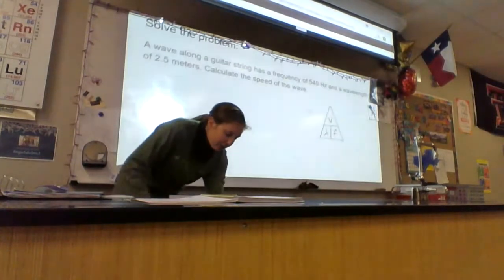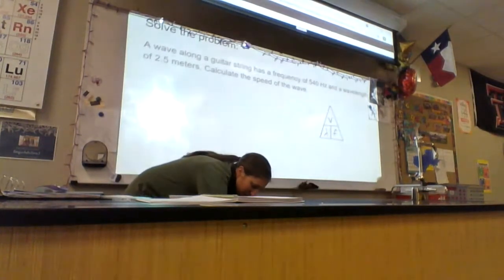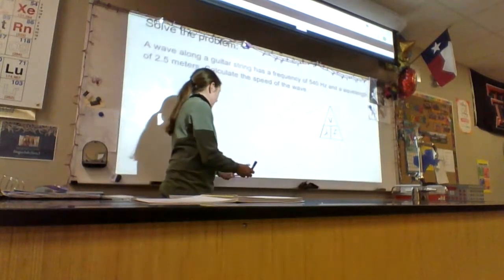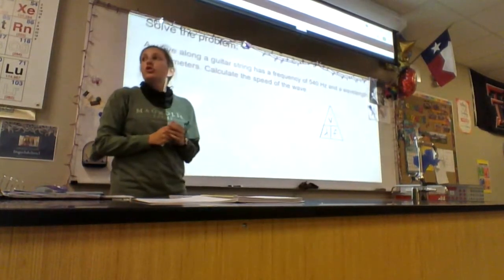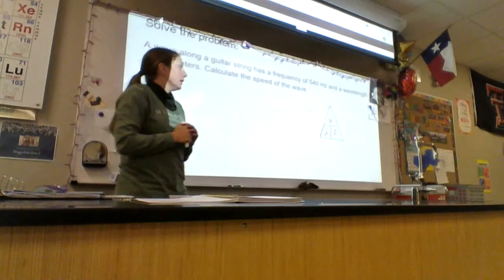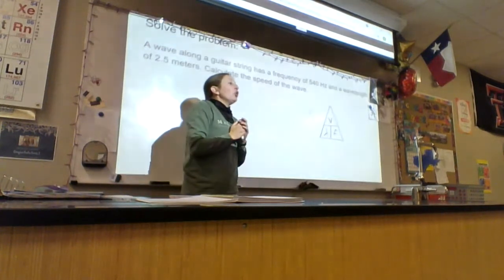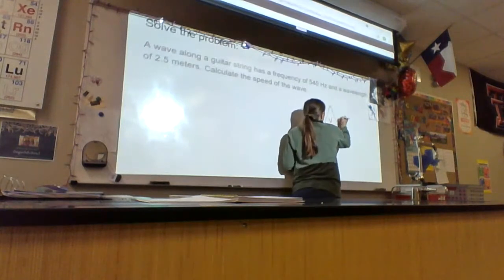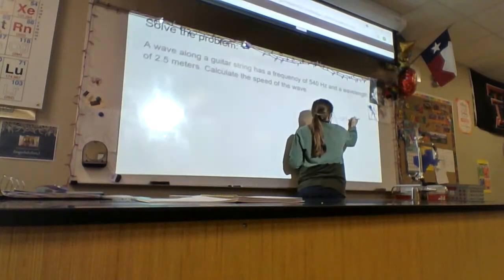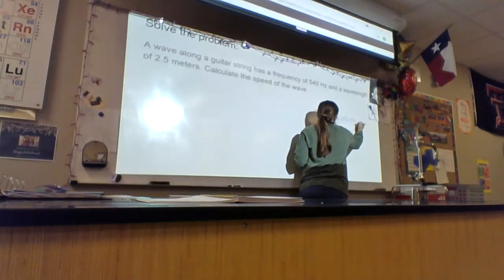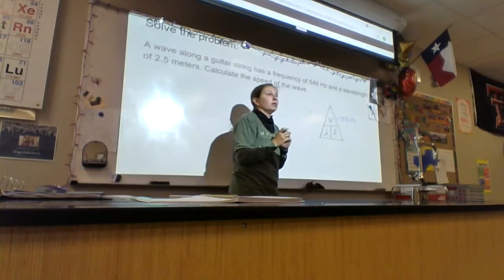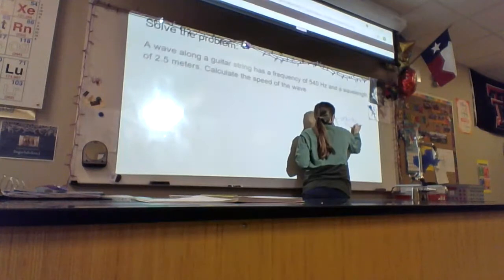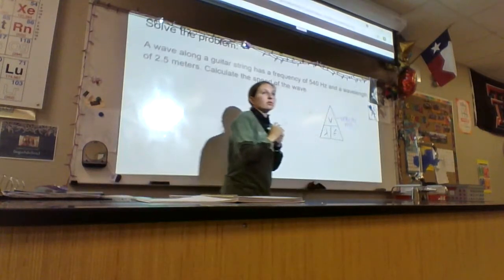Now, let's add a few notes about these guys. What is the unit for velocity? So we know that this is velocity. What's the unit? Just meters per second. Okay, so it's just going to be m/s.